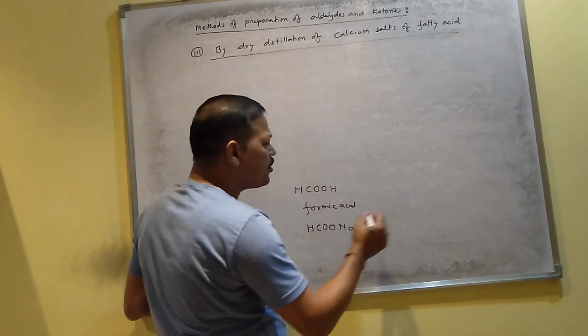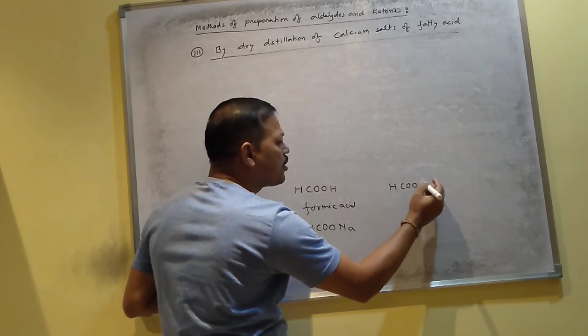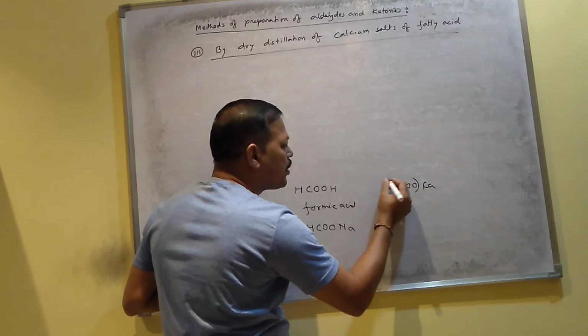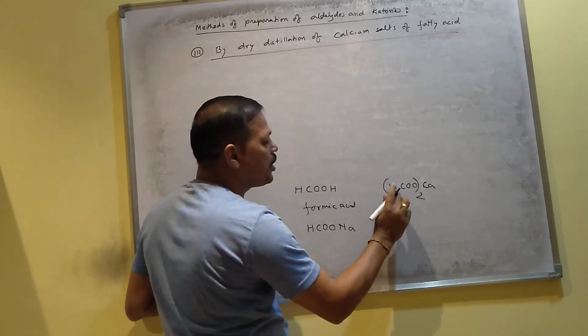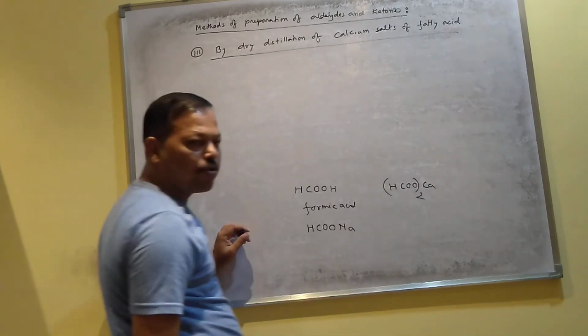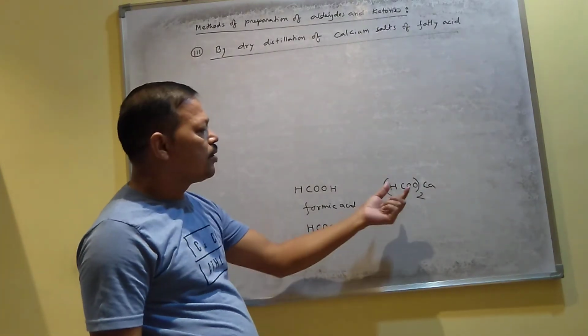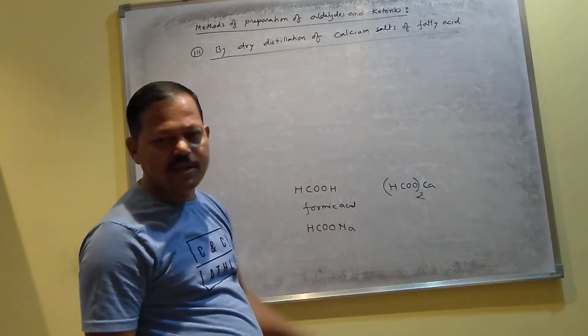Similarly, if you want to write the calcium salt of formic acid, then you have to write like this. But calcium valency is 2, that's why (HCOO)2Ca. This is called calcium salt of formic acid. So these are examples of calcium salt and sodium salt of fatty acid.